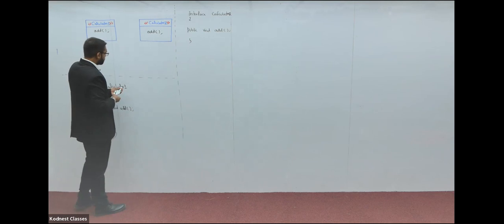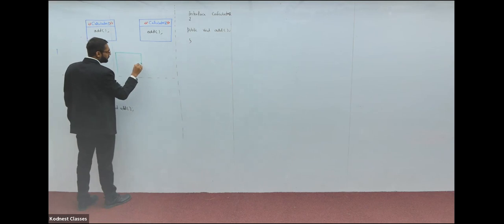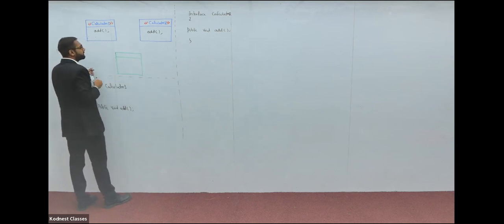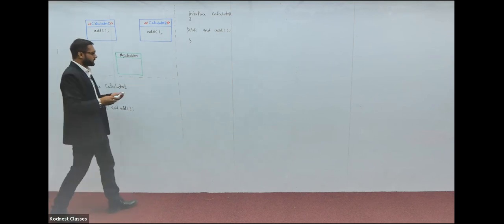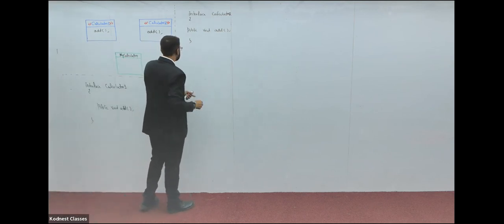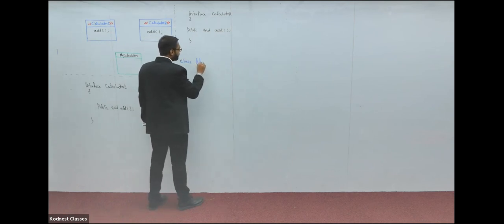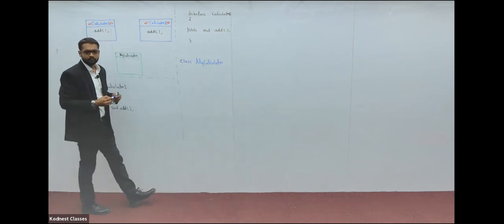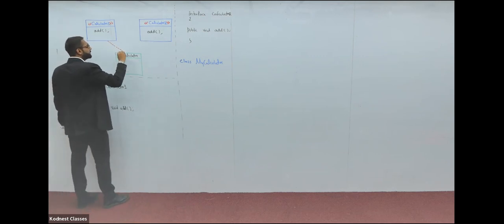Now what I will do is I will write one class called MyCalculator. That is a class name. The same thing if I want to write here, I can write it like this. This is that class called MyCalculator, and I would say MyCalculator will implement Calculator1.